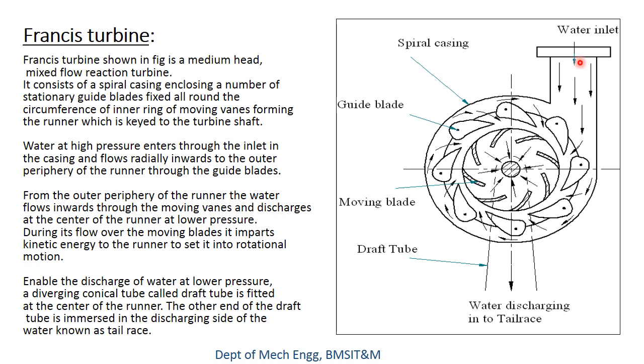Next, the point that we have to note here is that there is no nozzle present in the Francis turbine, but there is a draft tube needed. But in the case of a Pelton turbine, there is a nozzle present and there is no draft tube, right? Because a Pelton turbine works on the impact force or the kinetic energy of water, but a Francis turbine works on the pressure difference.